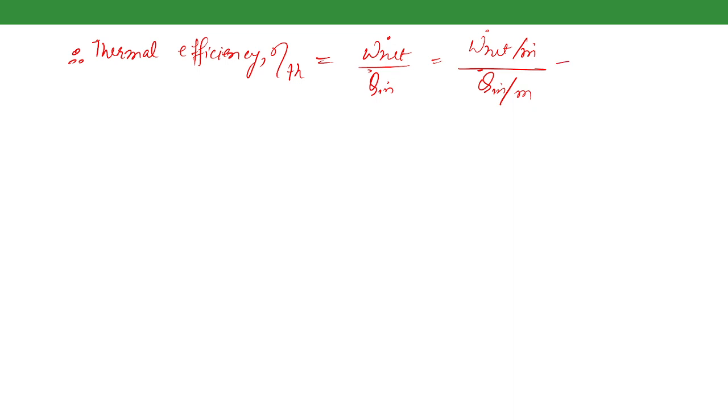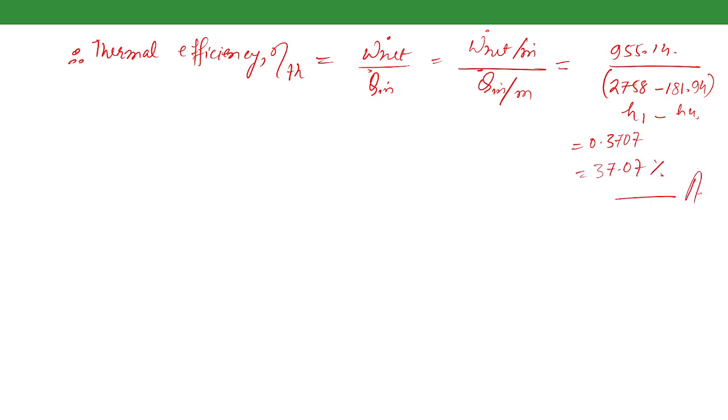So this is basically 955.14 that we have found out, divided by 2758 minus 181.94, which is basically h1 minus h4. So this comes out to be 0.3707 or 37.07%. So this is the thermal efficiency of the cycle.